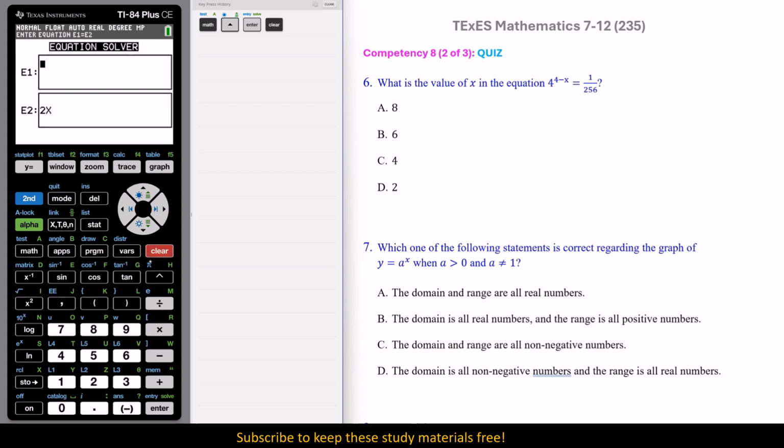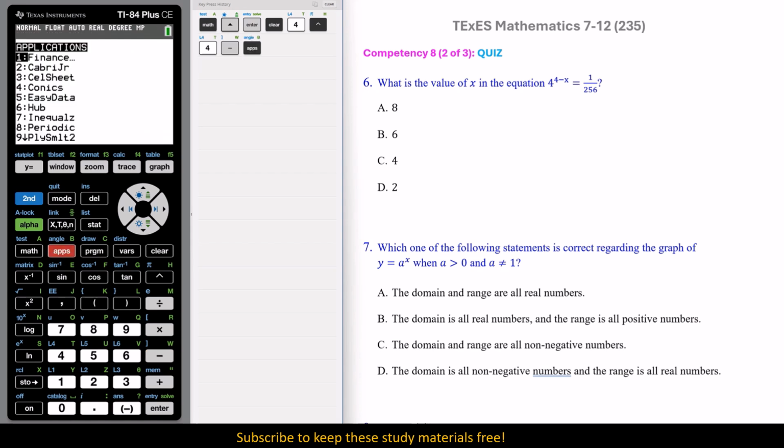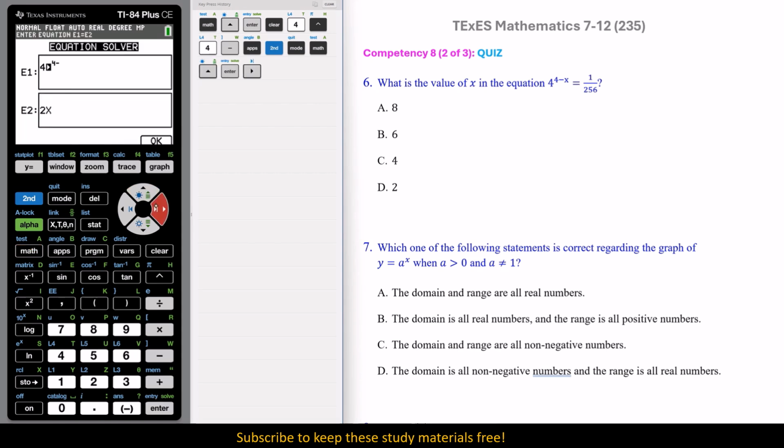So let's clear this out and say 4 carried up, 4 minus x. Oh, I hit the wrong thing. Sorry about that. Let's go back to math, go up and enter, and it is still there. That's one good thing. So we go to x.